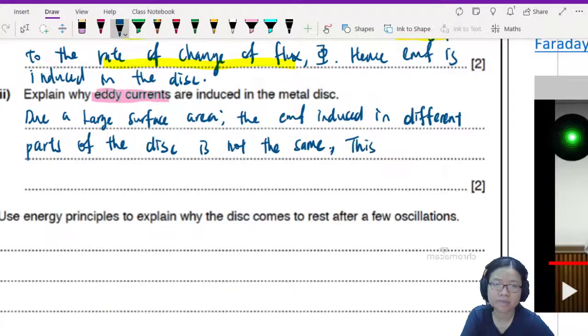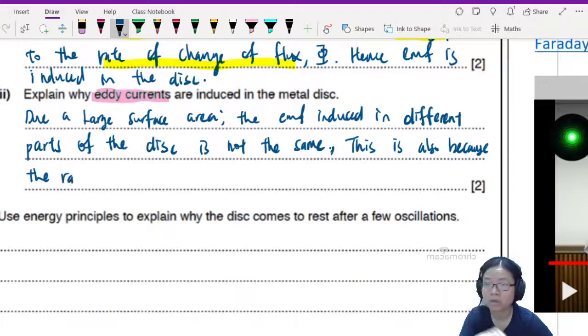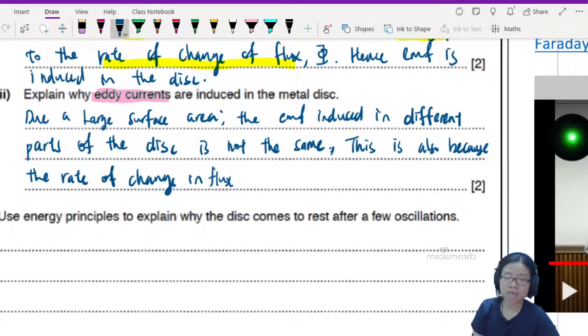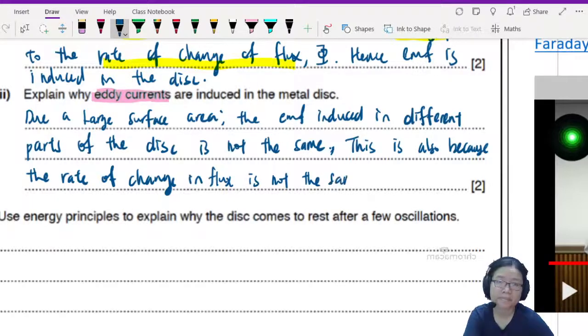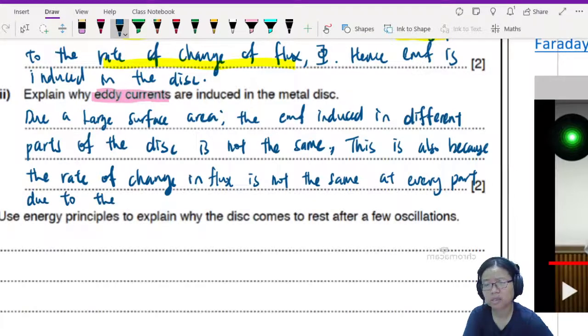And this is also because the rate of change in flux is not the same at every part, due to the different speeds.